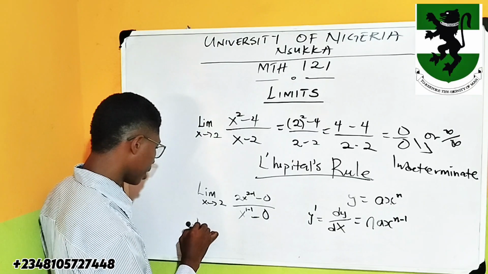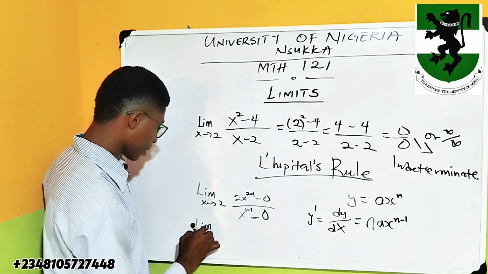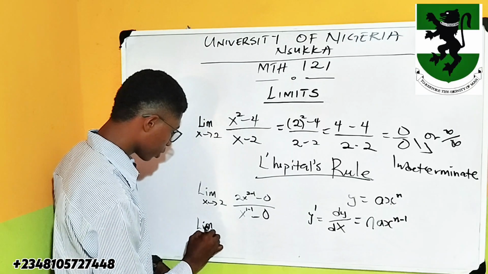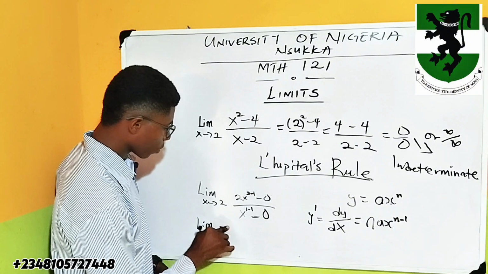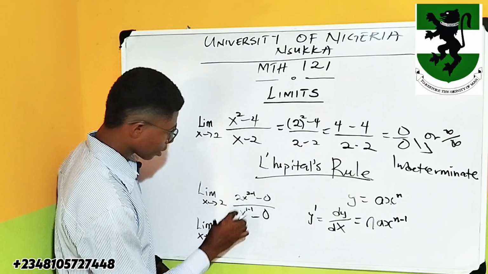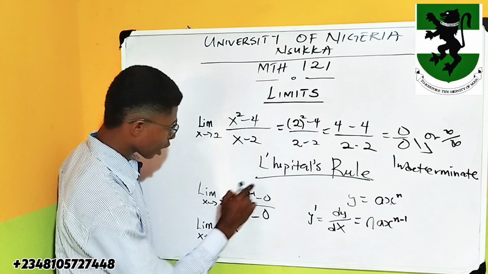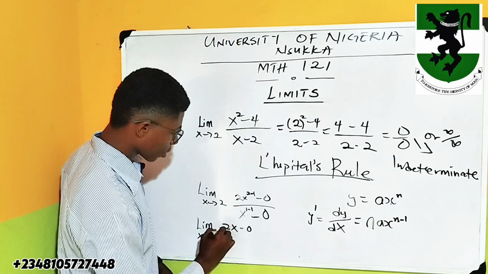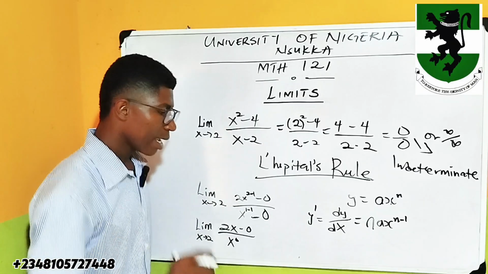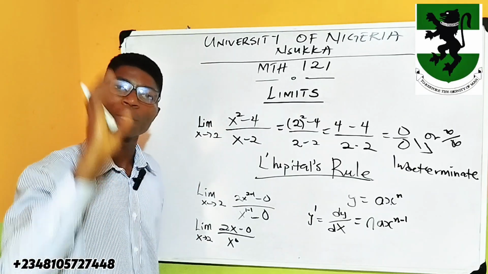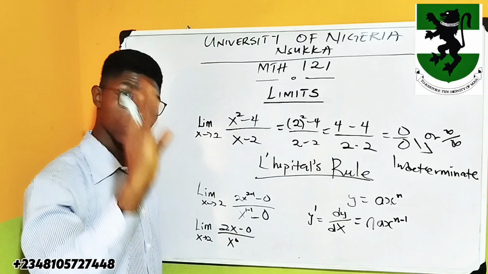So let's simplify. Limit as x approaches 2, I have 2x, 2 minus 1 is 1, minus 0, all over 1 minus 1 is what? 0. Now, any number or any term to the power of 0 is equal to 1. Note that.